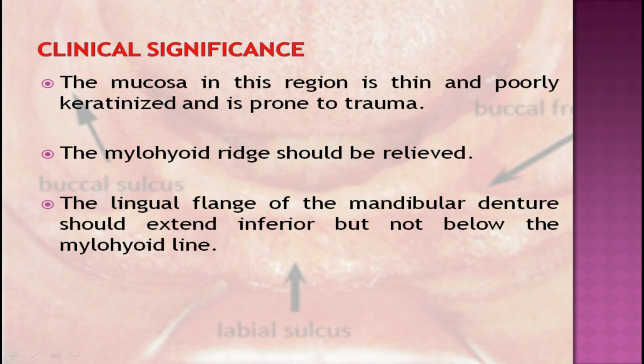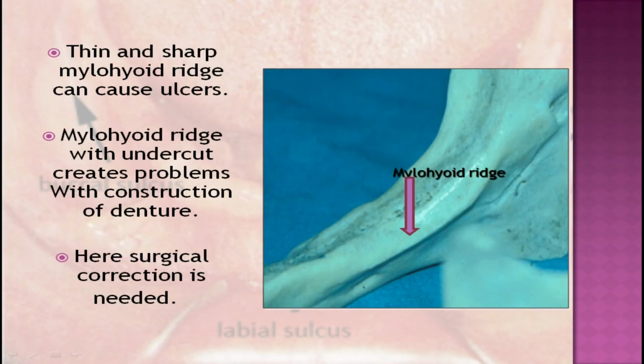The lingual flange of the mandibular denture should extend inferiorly but not below the mylohyoid line. Thin and sharp mylohyoid ridges can cause ulcers. Mylohyoid ridges with undercuts create problems with construction of a denture, and here surgical correction would be necessary.